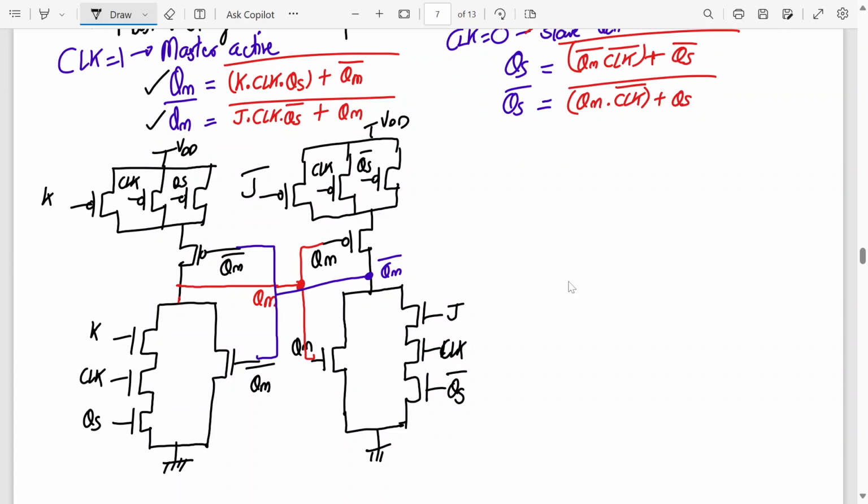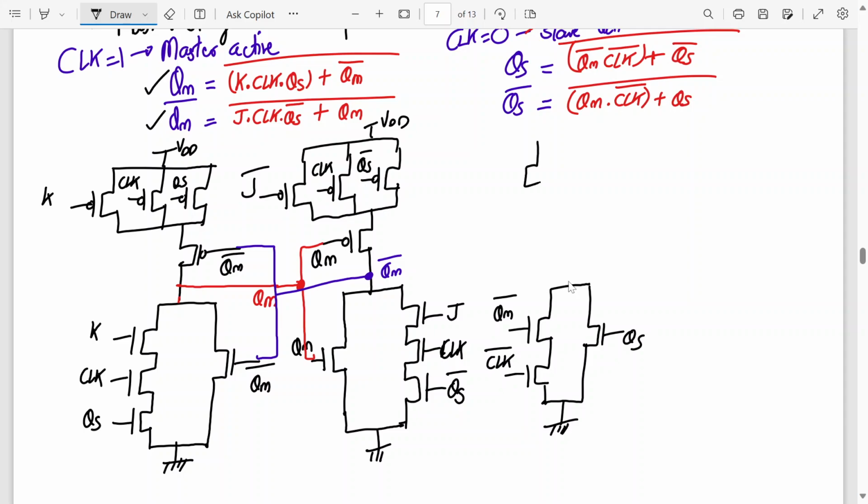So here we will have two transistors in series with the inputs QM and clock bar, with a transistor in parallel, and this will be QS. On the pull up side we have two transistors in parallel again, NMOS and PMOS, with the inputs QM bar and clock bar.